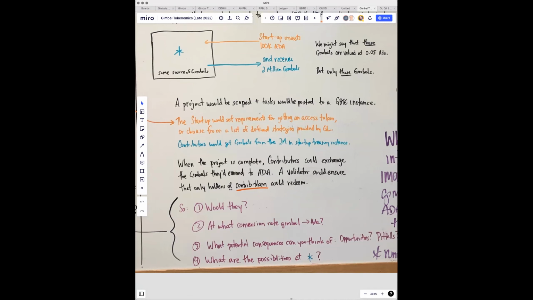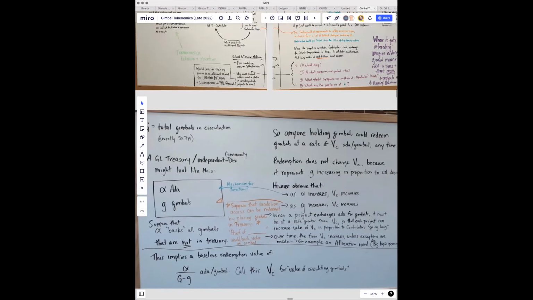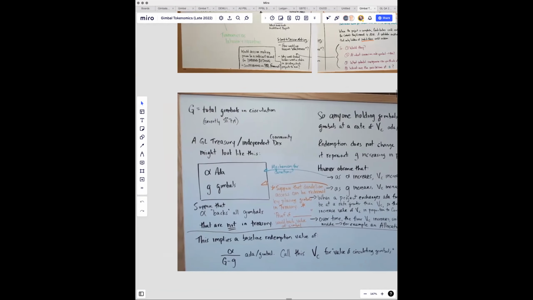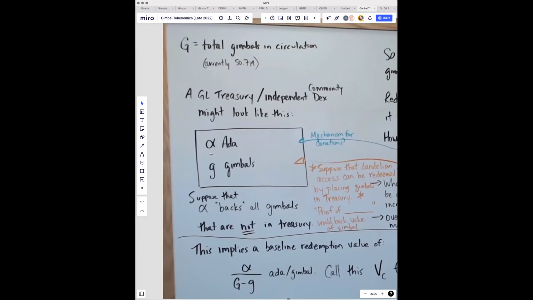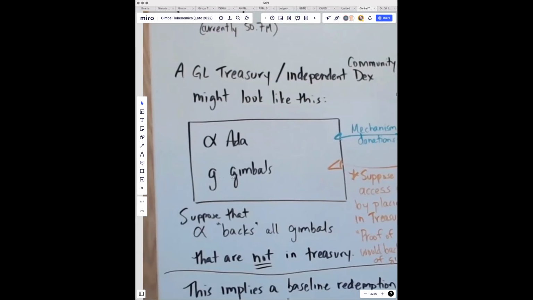Now, there's a certain amount of gimbals outstanding. It's currently just over 50 million. And so a treasury might have some amount of ADA and some amount of gimbals in it. And this ADA backs all of the gimbals that are not in the treasury.